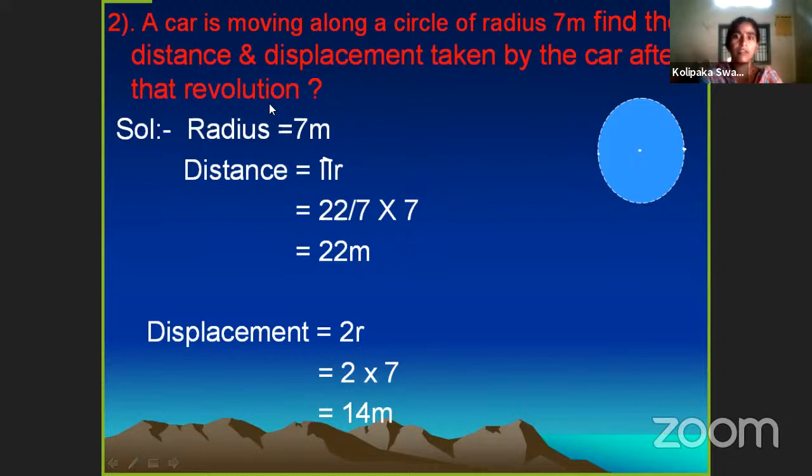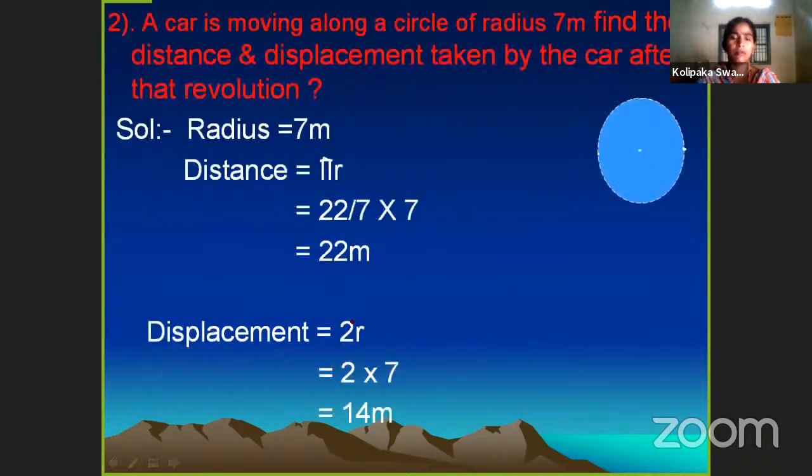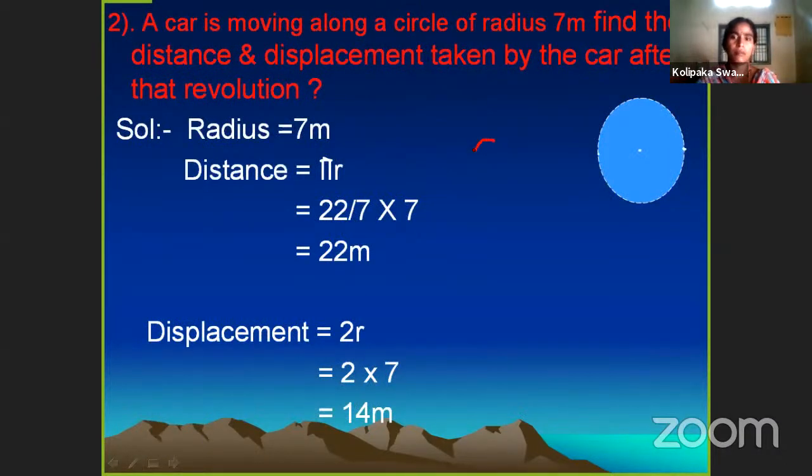The radius of the circle is 7 meters. One car is moving around the circle.